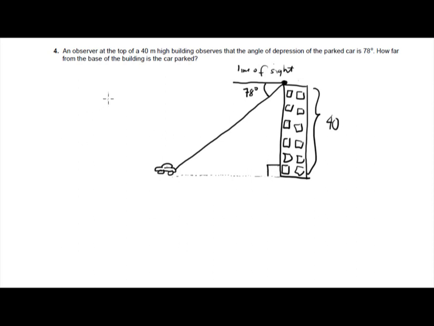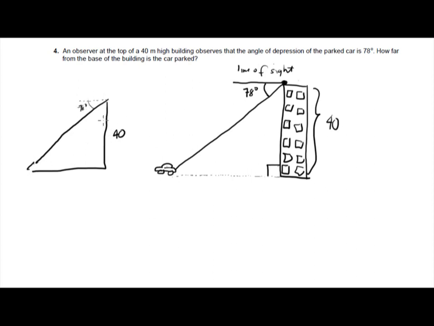Okay, so if I redraw this triangle, this is the 40 meters height of the building. This is the 78 degrees.